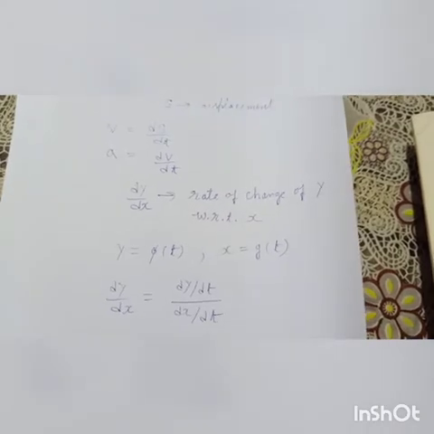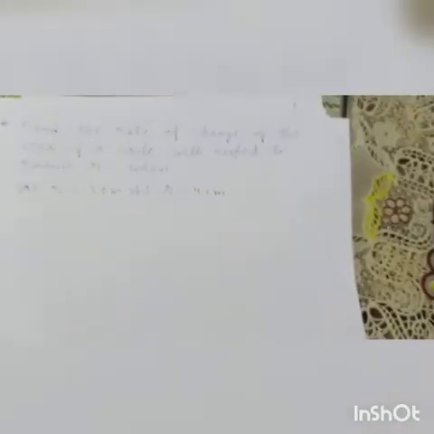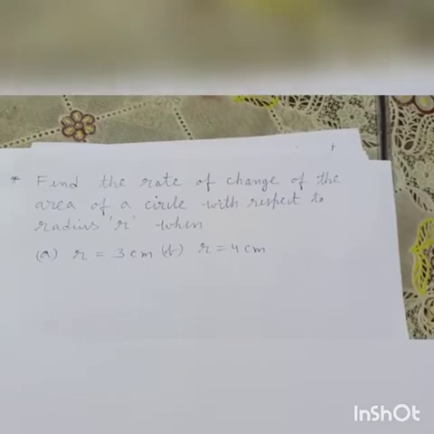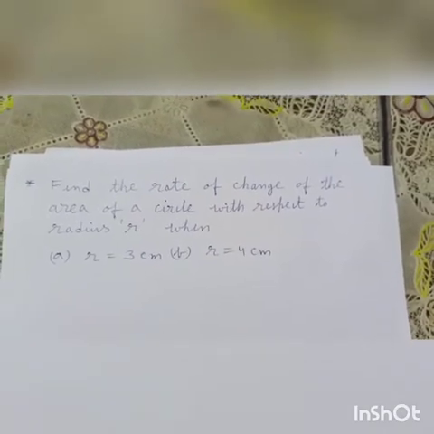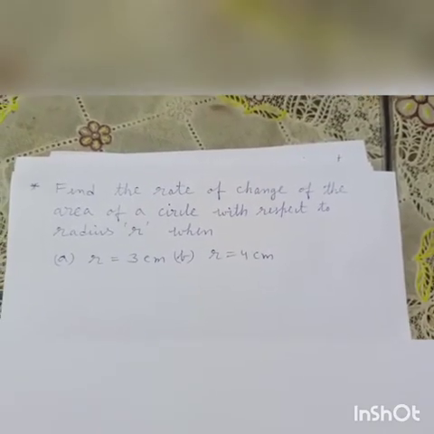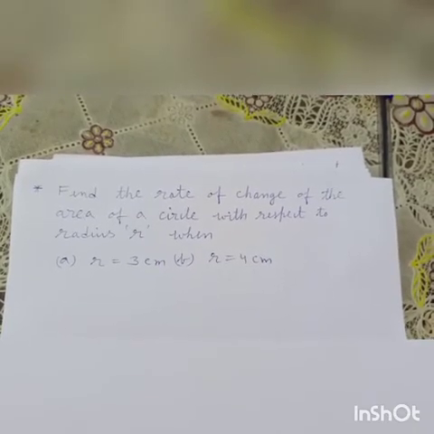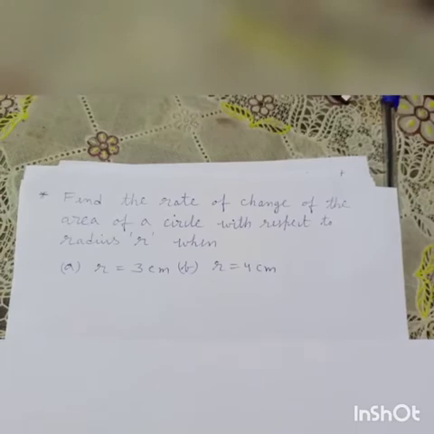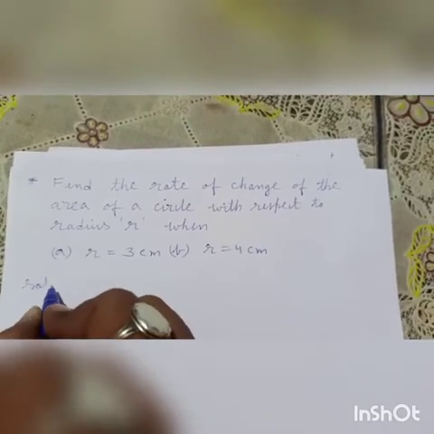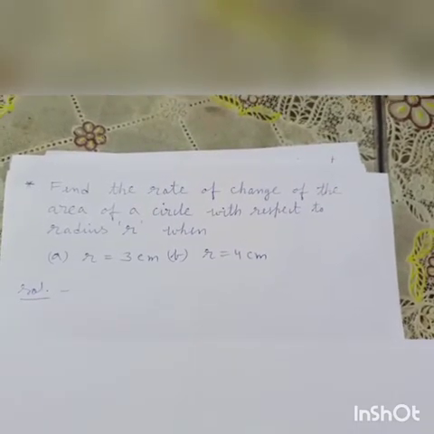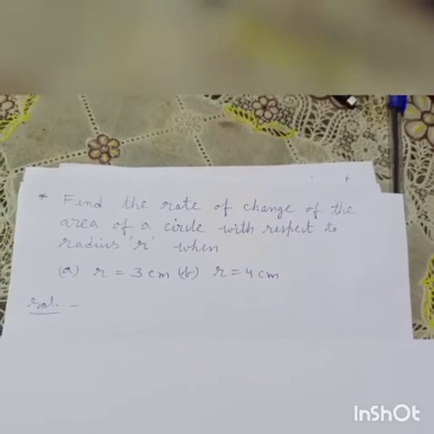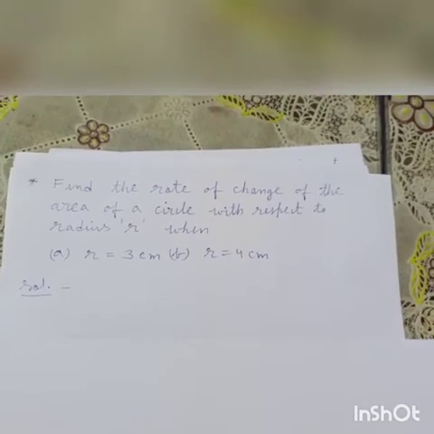So we will take up the first question. It is a very simple one. Find the rate of change of area of a circle with respect to radius r when r equals 3 and when r equals 4 centimeter. Here we have to find the rate of change of the area of the circle with respect to radius r.